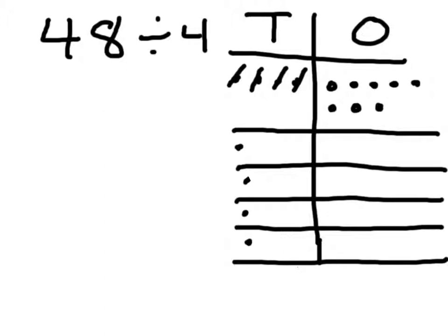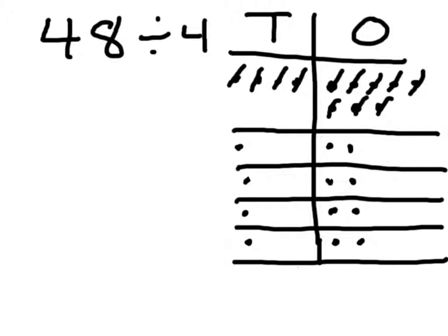We do the same as with the tens, giving each row an equal number of ones until we have used up as many as we can. With 8 ones, we can give each row 2 ones, and we will have no ones left over.